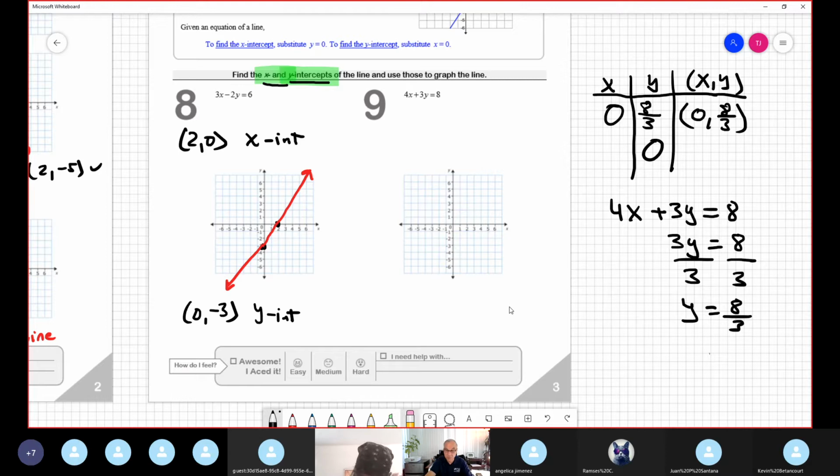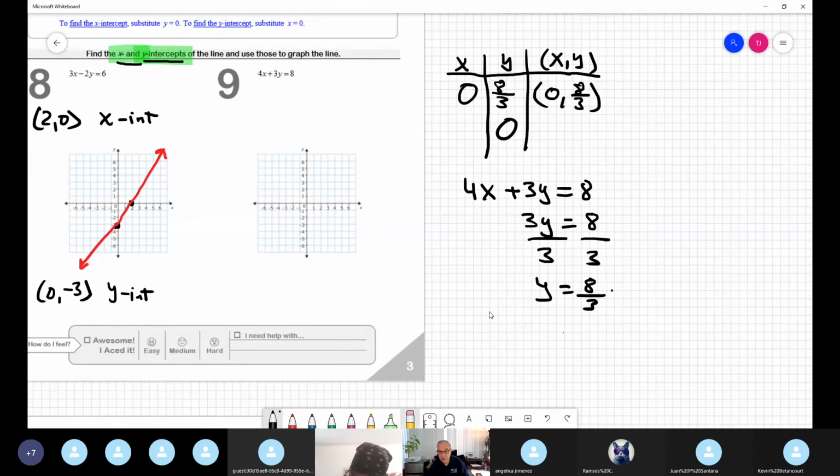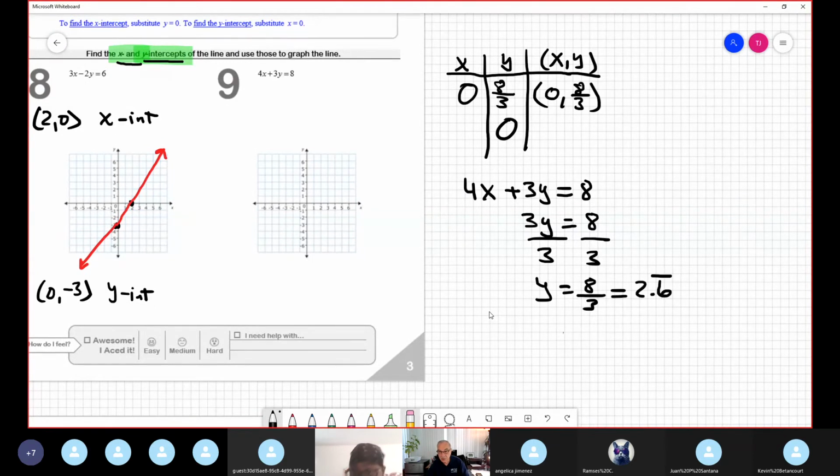You put 8 divided by 3 in the calculator, and the decimal is 2.6 repeated. I plot that point, 2.6 repeated.